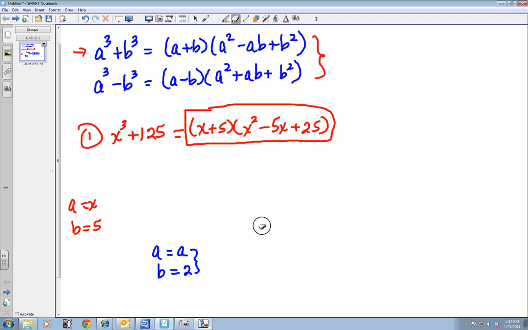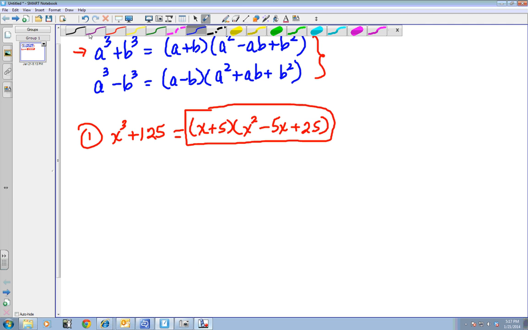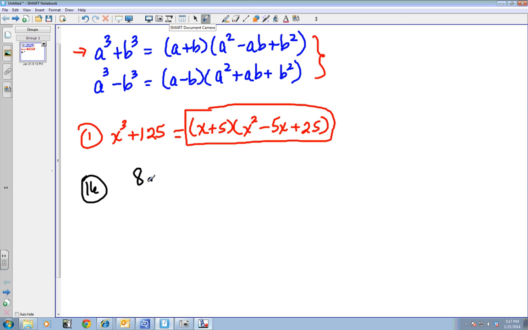All right, so number 16 looks like this. I have 8a cubed plus 125. Let's do minus 125 since this isn't a homework problem anyway, so we can do the difference of cubes.